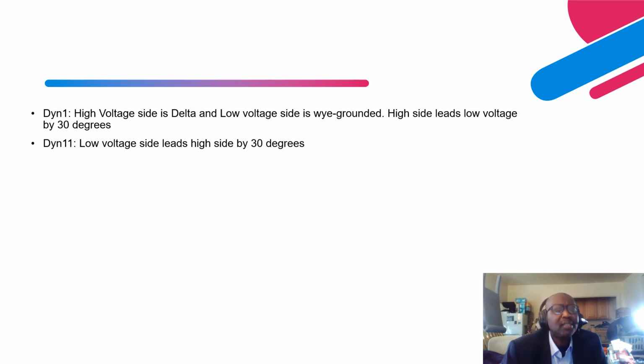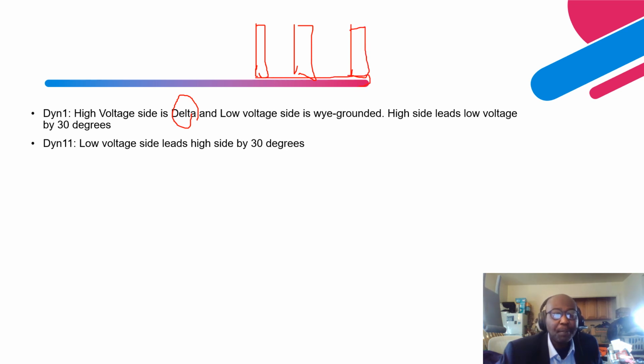DYN1 means that the high voltage side of the transformer is connected in a delta configuration, right? Okay, so if you have a transformer core in 3 phases, right? Okay, this is how it looks like. So below this you have the bottom yoke.